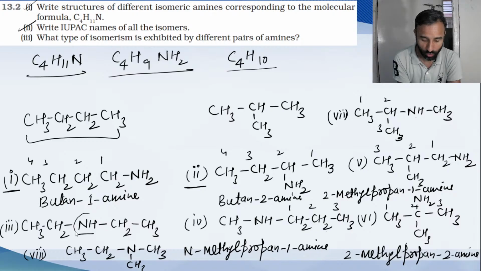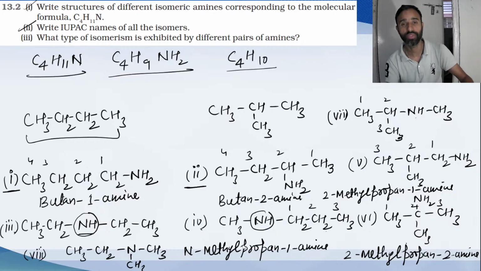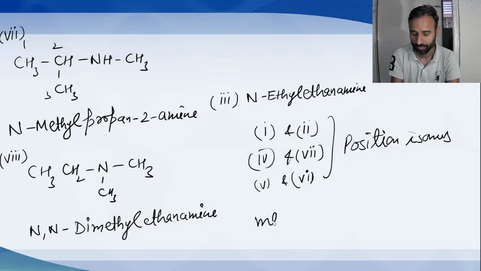Then come to distribution of alkyl group around nitrogen. So third and fourth, the relation between them. Here, with respect to NH, there are ethyl groups. In here, NH, ethyl and propyl. What are they? Distribution is different. What do we call them? They are metamers.